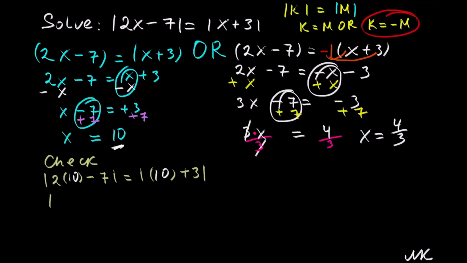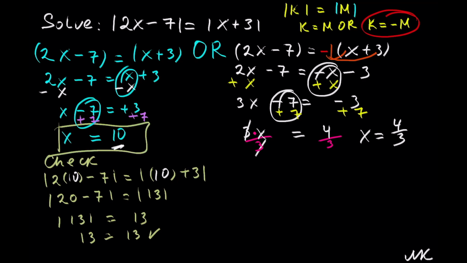This gives us absolute value of 2 times 10 is 20 minus 7 equals absolute value of 10 plus 3 is 13. So we get absolute value of 20 minus 7 is 13 is equal to absolute value of 13 is 13. So 13 is equal to 13. So x equals 10 is our solution.